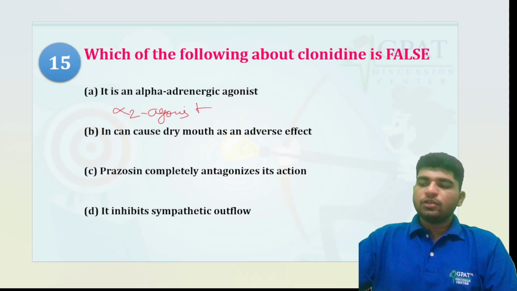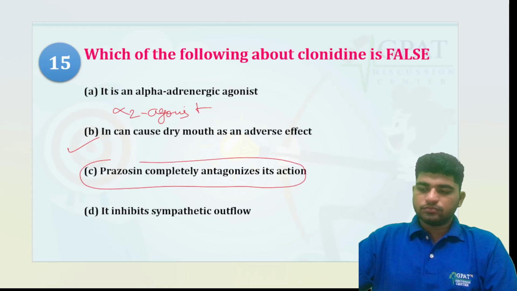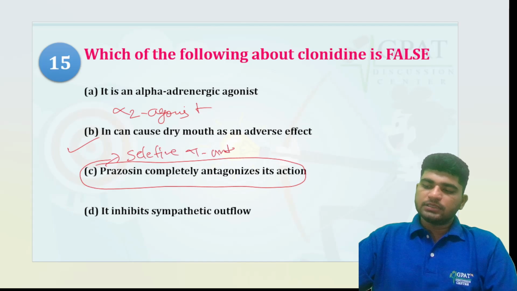Yes, it can cause dry mouth as an adverse effect. Prazosin completely antagonizes its action? No, because prazosin is a selective alpha 1 antagonist. It has no role on the alpha 2 receptor.